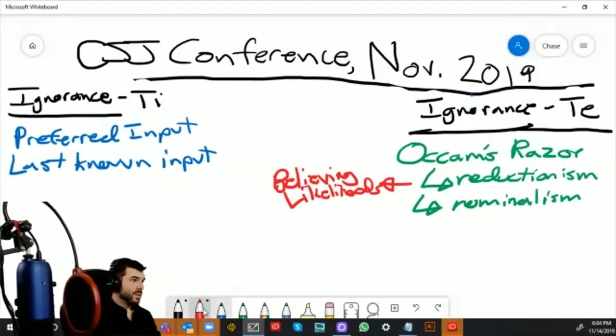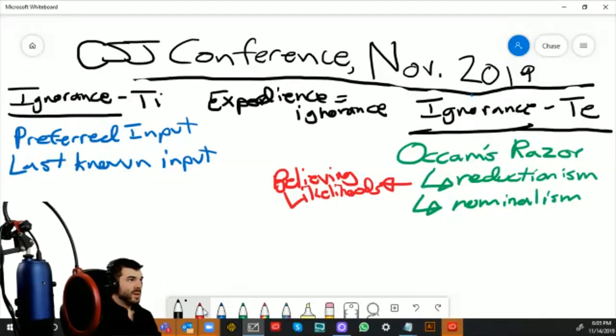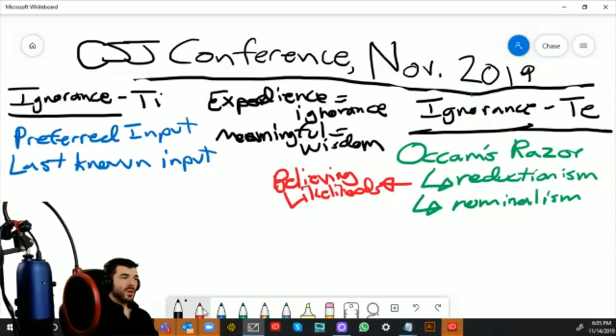Or let's do it this way: expedience equals ignorance, but the meaningful equals wisdom. Oh, I should probably spell that correctly. The meaningful is wisdom, folks.